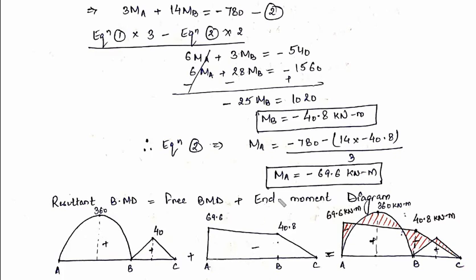So at A, the value of the bending moment is minus 69.6, so just plot a point 69.6 above A. The value of MB is coming out to be minus 40.8, so just plot a point 40.8 above point B. The value of MC is 0. Now just join these points by a straight line. This diagram is known as the end moment diagram.